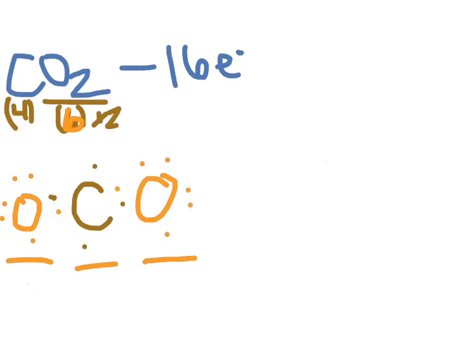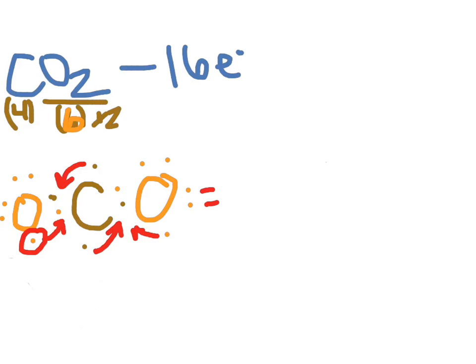So what you have to do, not only because there's an octet, but you can't leave any electrons alone outside of it. You can't do that. So you're going to have to take each of these electrons and move it to the center on either side to make another bond, which will look like this.